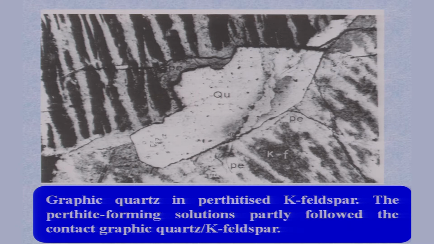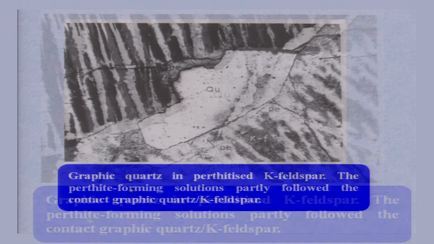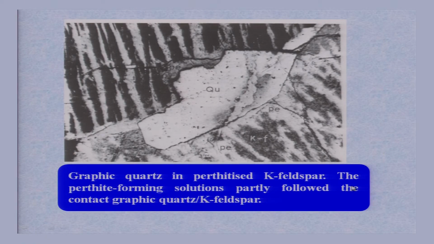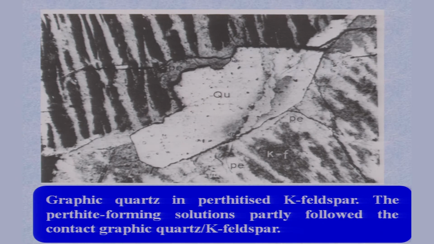And in this feldspar, graphic quartz in perthitized K feldspar, the perthite forming solutions partly followed the contact between graphic quartz and K feldspar. I am talking of this contact. This contact is between quartz and perthitic orthoclase. This is not a simple orthoclase, but a perthitic orthoclase.